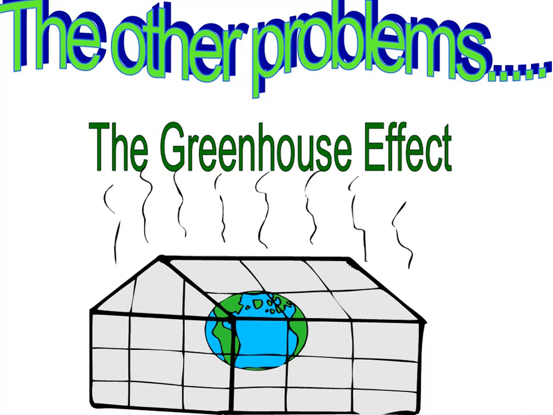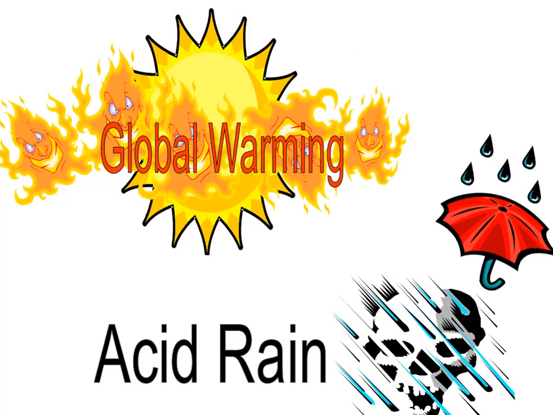Similarly, those gases which we call greenhouse gases, like I told you, carbon dioxide, sulfur dioxide, and nitric oxide, are all greenhouse gases. When they go into the atmosphere, they react with water, and then they come down with the rain as acids. Sulfur dioxide can make sulfuric acid, and nitric oxide makes nitric acid.